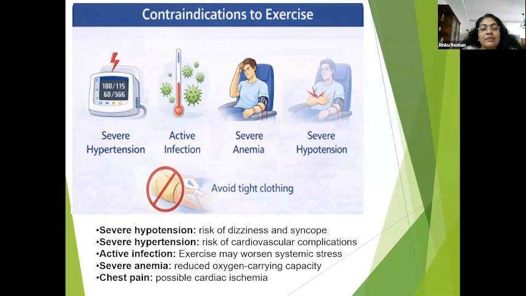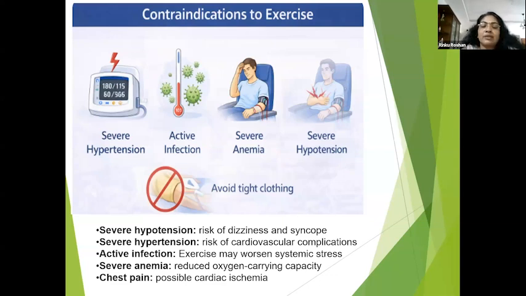The next is active exercises. When they are doing the exercises, systemic stress will be there, the blood pumping, everything will be more. So if you come to know that there is an active infection, please stop the exercise.